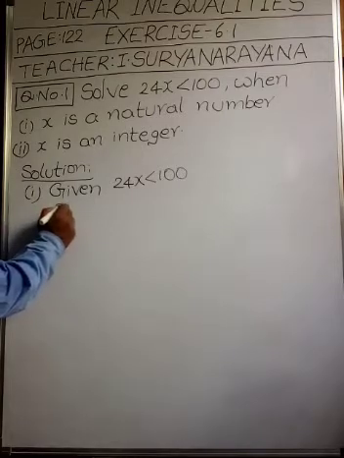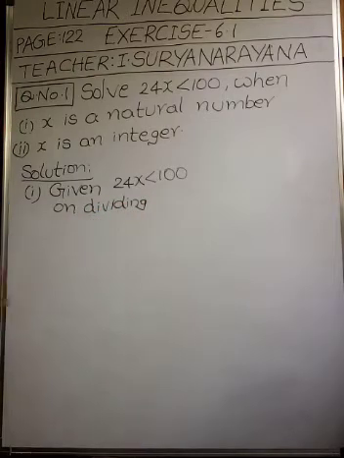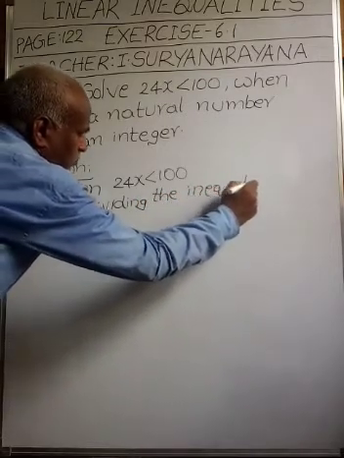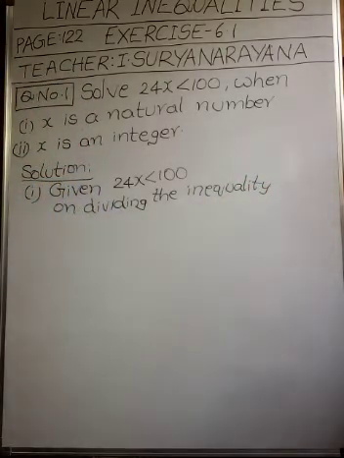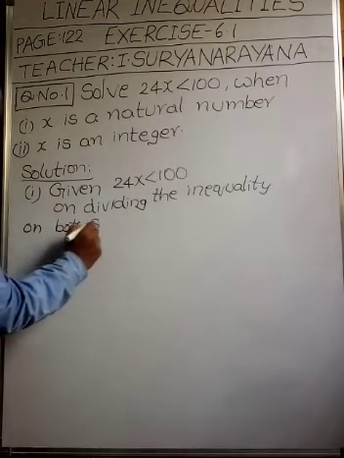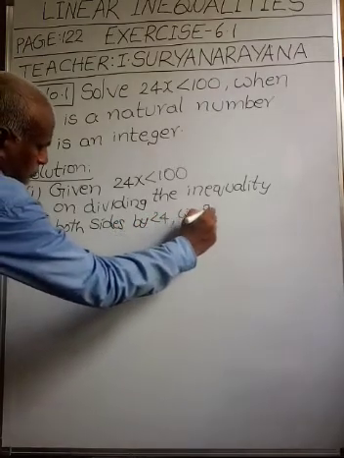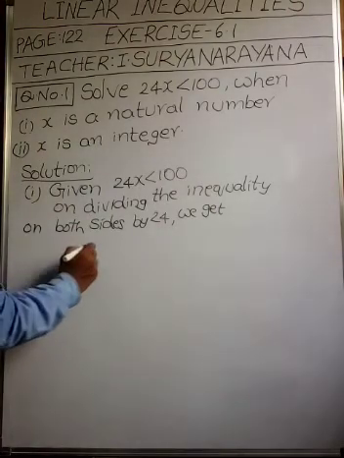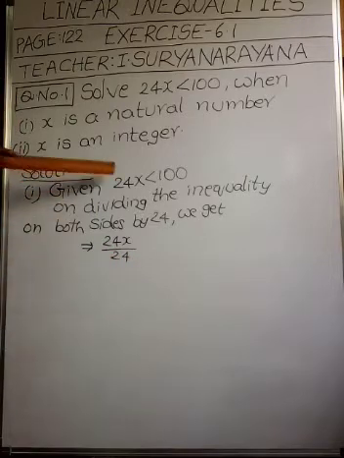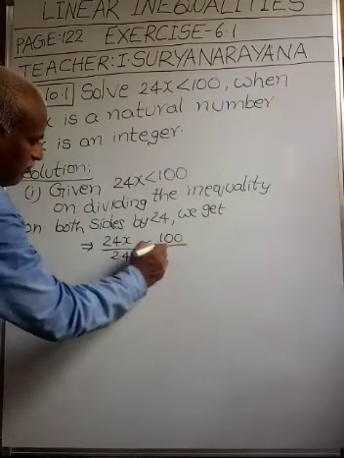On dividing the inequality on both sides, then we get 24x divided by 24 less than 100 divided by 24.